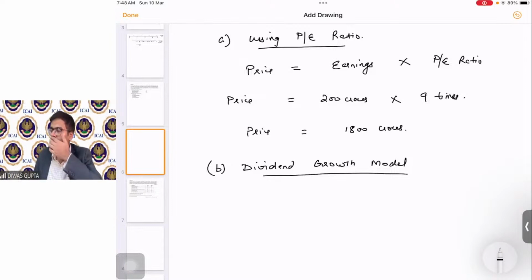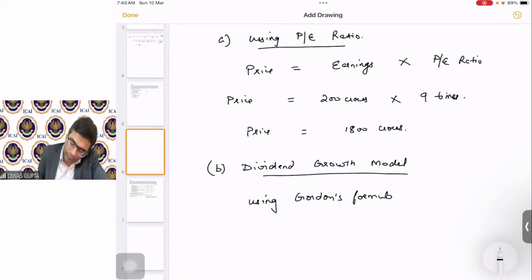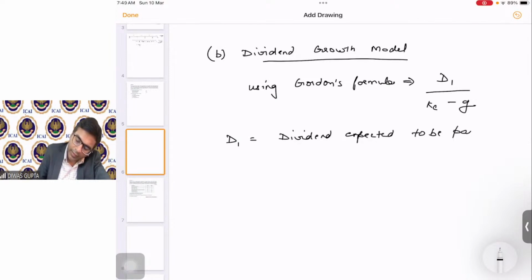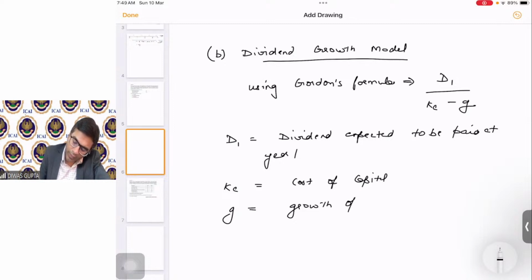As I told you, using Gordon's formula, dividend 1 divided by KE minus growth, wherein dividend 1 is the dividend expected to be paid at year 1, KE is the cost of capital, and G is the growth of dividend.